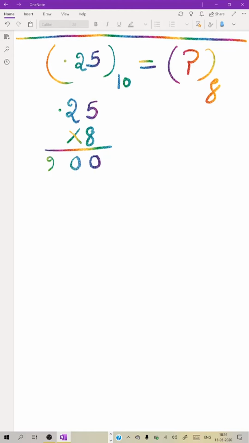So write down 20 here, 2 dot. So your answer is 0.2. This is the answer of your question, 0.2. Clear everyone?